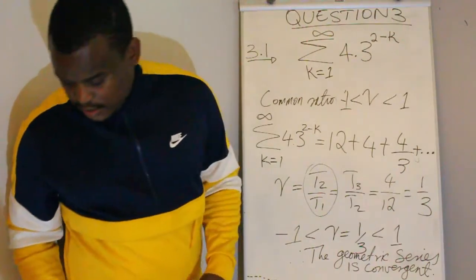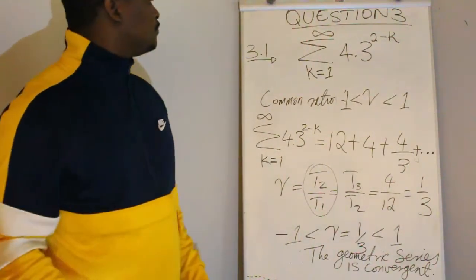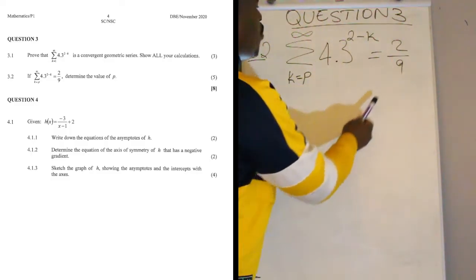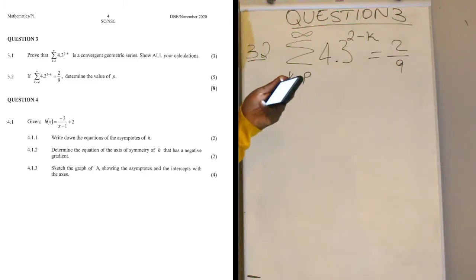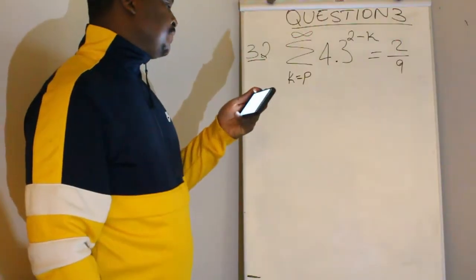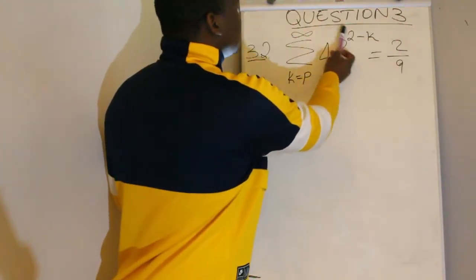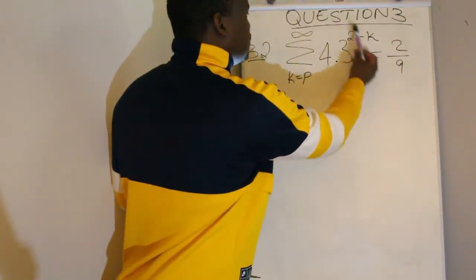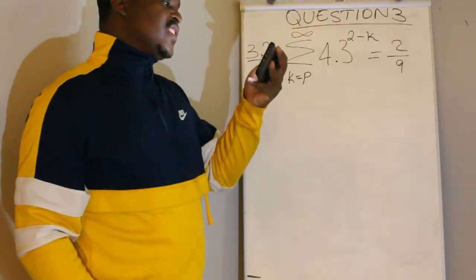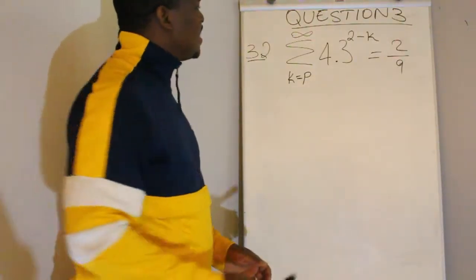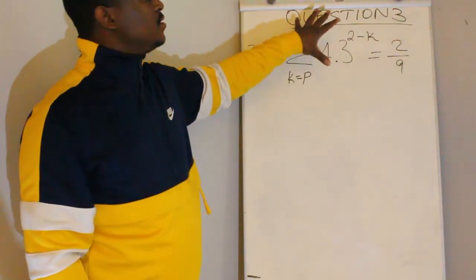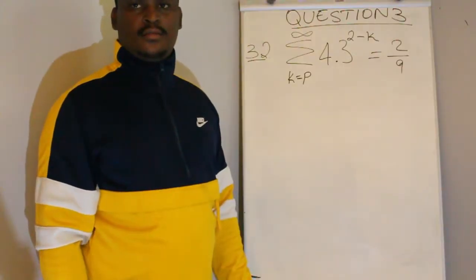Now, we go to question 3.2. If the sum of this series is equal to 2 over 9, determine the value of P. I will read it again. If this series is equal to 2 over 9, determine the value of P. So they are saying that when you calculate the sum to infinity of this series, it gives you 2 over 9.